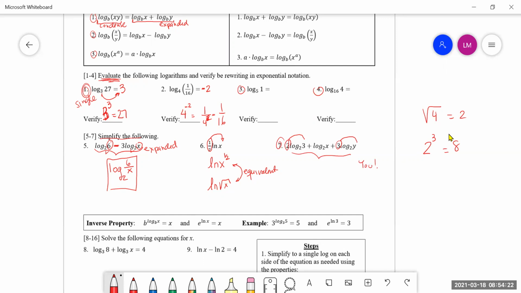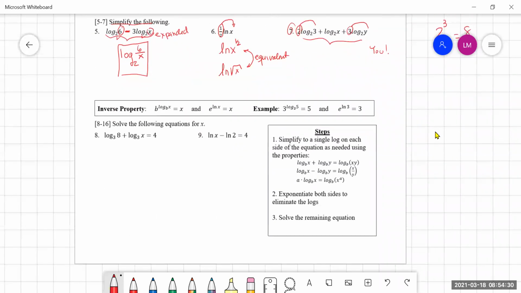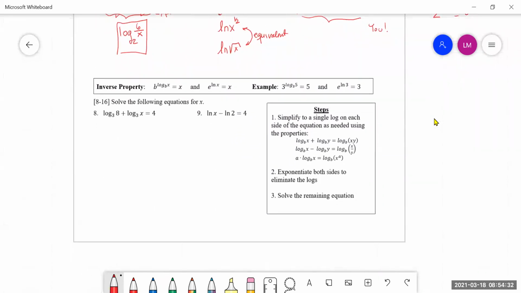All right, let's go ahead and solve logarithm equations by using what we have learned so far. I'm going to introduce now the inverse property. We're going to need the inverse property so we can solve logarithm equations.